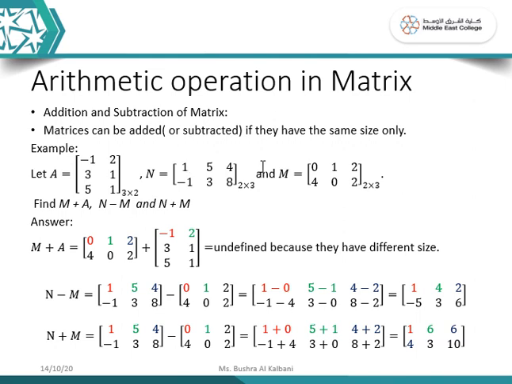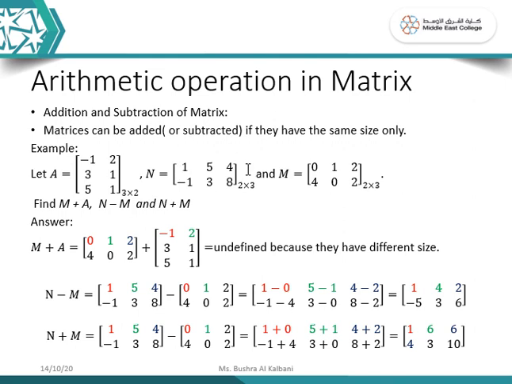Then you will add them. 1 plus 0 is equal to 1, like that. 5 plus 1, 4 plus 2, minus 1 plus 4, 3 plus 0, 8 plus 2. You will get this matrix, N plus M.